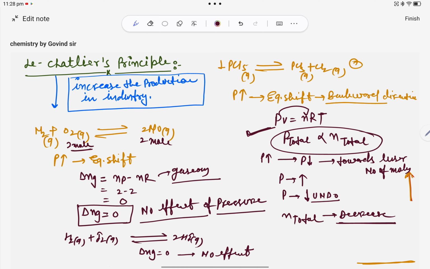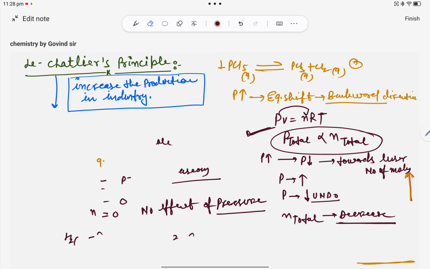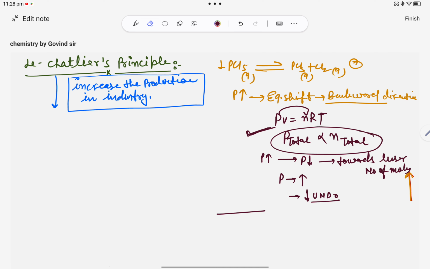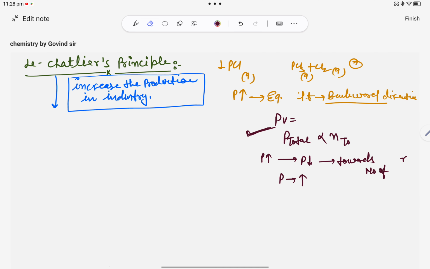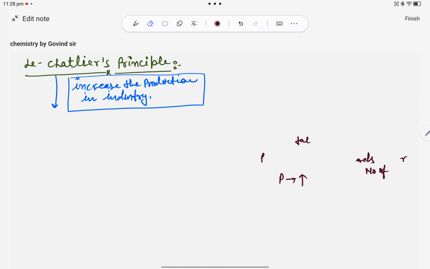Now come to the next point, number 3. What is point number 3, children? Temperature. There are 4 points in total, and in the same lecture we will finish all of this Le Chatelier's principle concept. So pressure is completed.